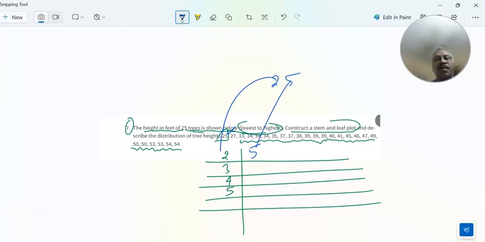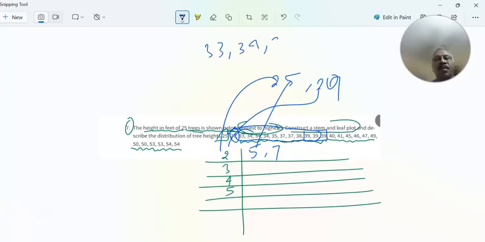Then 27, the 2 is already there. Put a comma in and then 7. Then 34 to 38, 39. So you have 33, 34, 34.